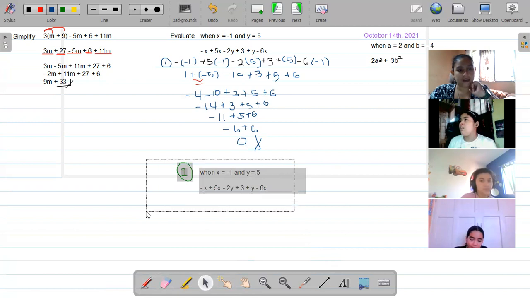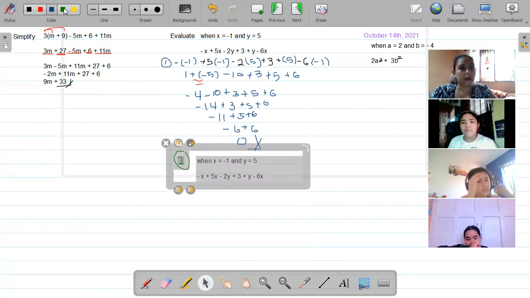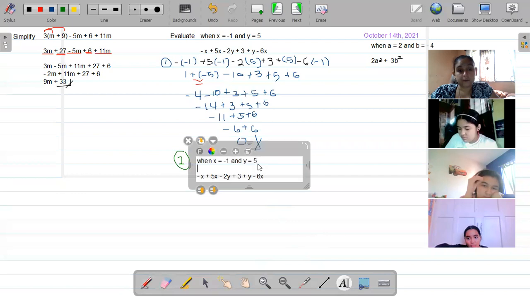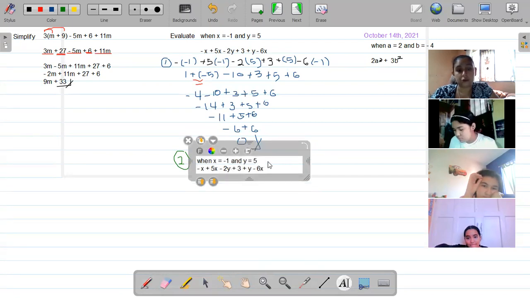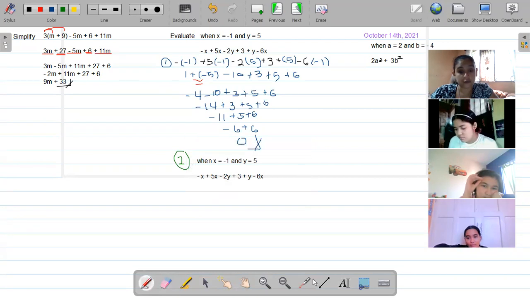Let's see method 2. I'm gonna move this a little bit higher there. And I'm gonna do it different. How am I gonna do it different? I'm going to just simplify first, looking for the like terms first, and then I'm going to evaluate. So like terms.